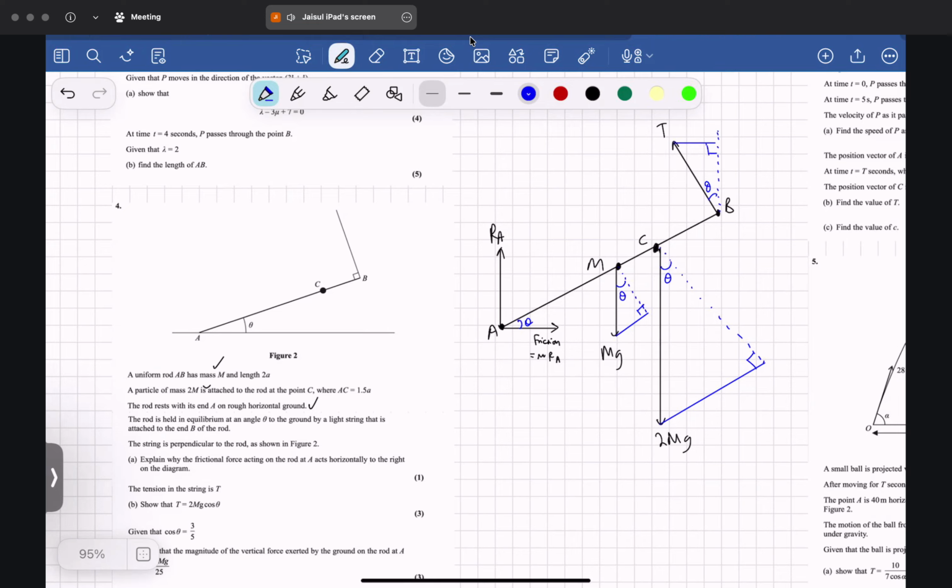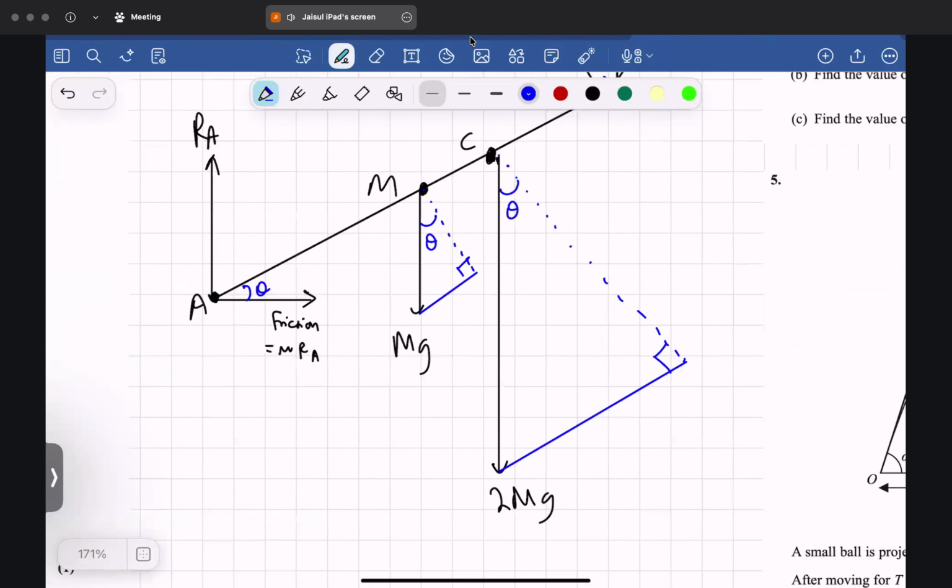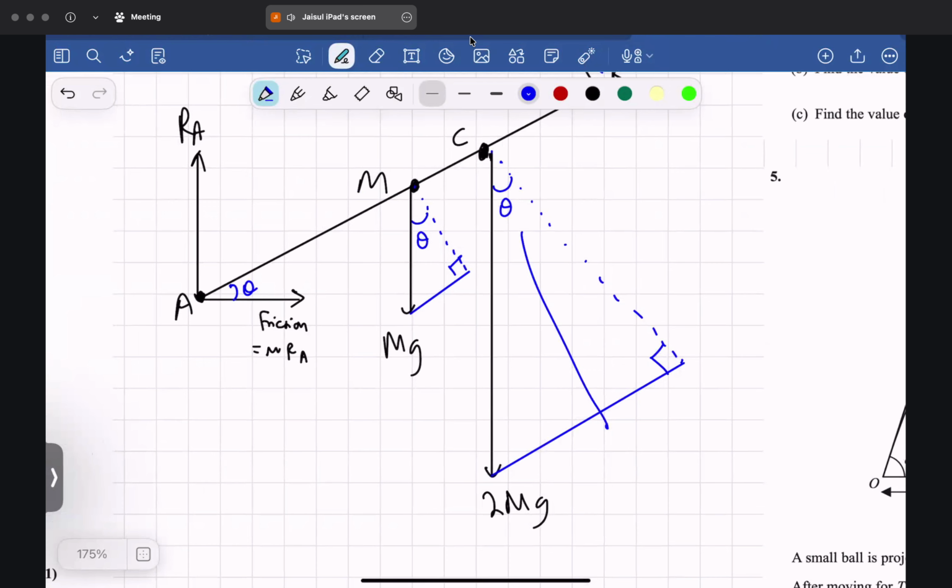So this is opposite. That's sine. So this is 2mg cos theta. And this is 2mg sine theta.